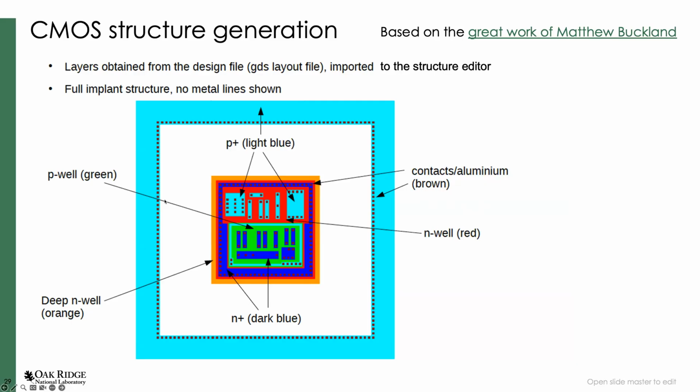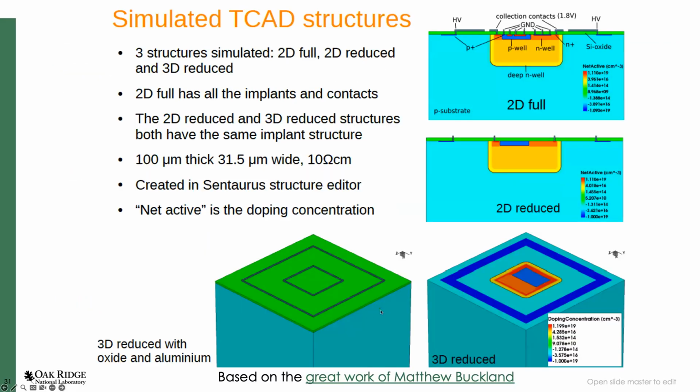What happens is when you did the 3D simulation, we put all the metals that are not illustrated in this model, and you could see one line going over a well, and there was a really small spike of electric field there. This was shown to the designer, and they modified that, and we did see in the next batch that was produced that the breakdown voltage went up by 10 volts.